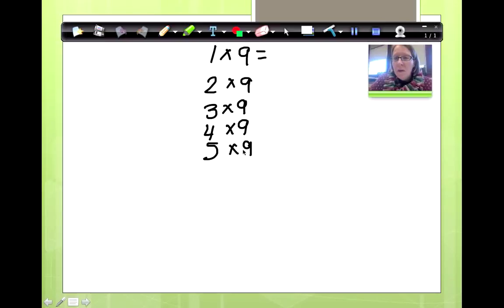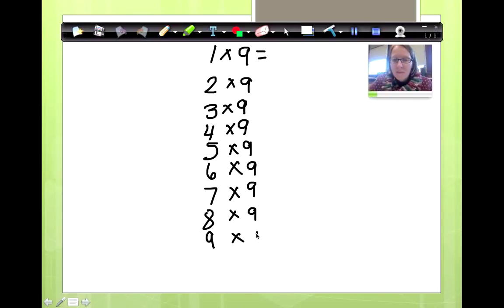I hope you're writing this with me on your free points paper. Okay, and let's go to 10. Let's do all of these. Now let's see if we can find a pattern. Let's find some patterns. Patterns are fun, especially these patterns. But I can't wait to show you.